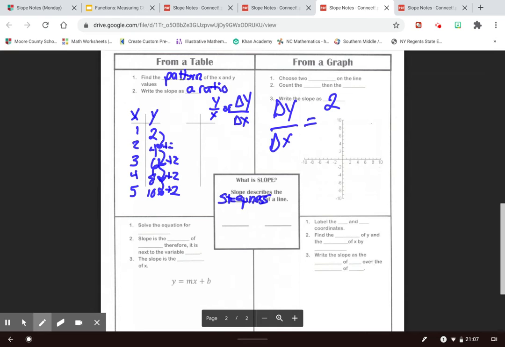And then for my change in x, my pattern is plus 1. So change in y is 2, change in x is 1. That means the slope of this first table is going to be 2. Or in our linear function, as we see down here, y equals mx plus b, m is my slope or my rate of change, so we would write m equals 2.